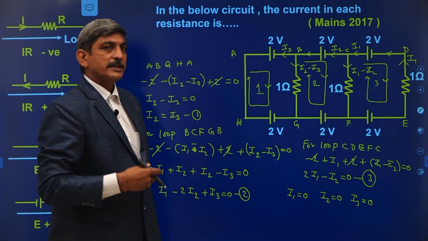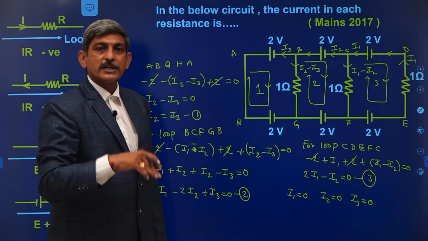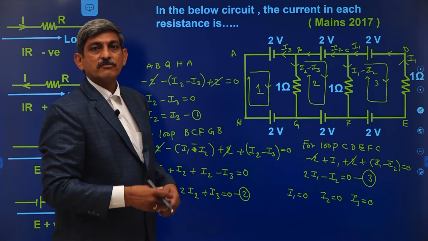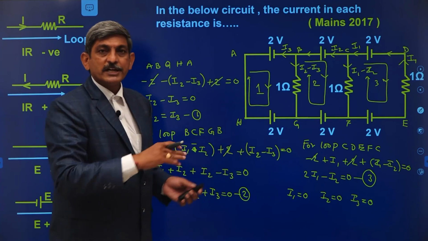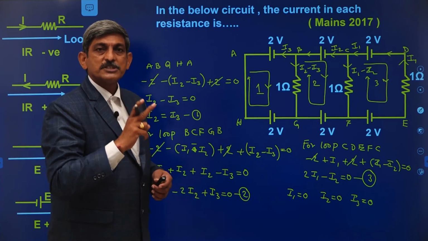That's why, depending upon the directions of the currents and the amounts of the currents assumed in the different branches, we may get different equations while applying Kirchhoff's voltage law. The intermediate equations may be different, but the final answer must be the same.